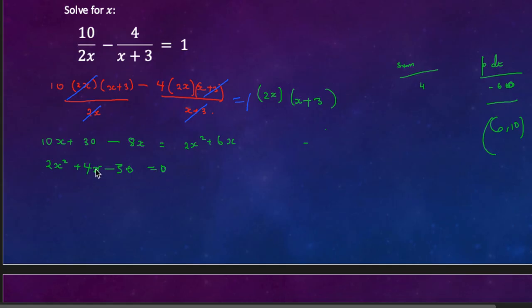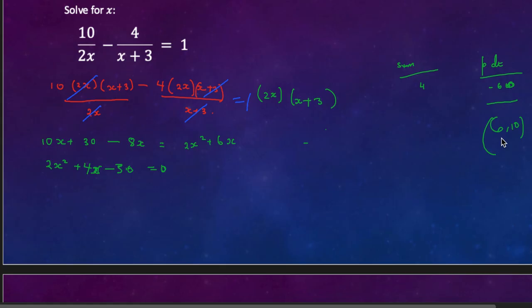This is 4x. Okay, so this part is where we are going to look for the factors, two numbers we multiply to get negative. Remember, we said if the coefficient of x squared is not 1, we always multiply. So when we multiply, we get negative 60.